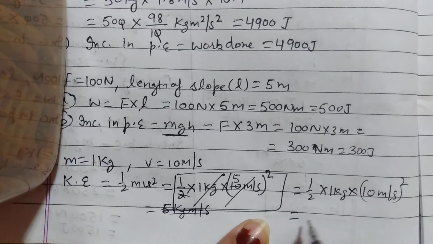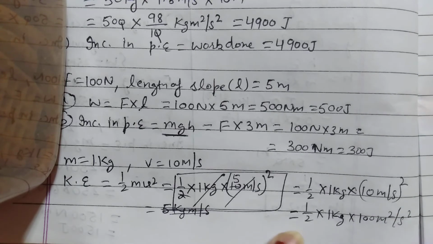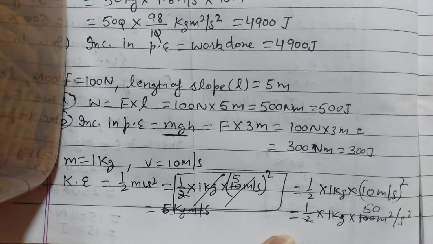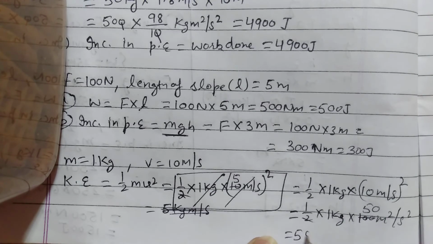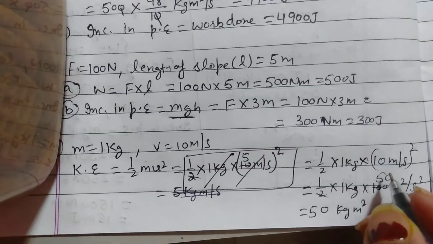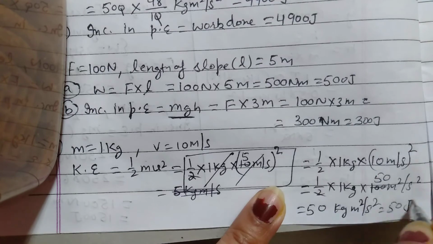So it will be 1 by 2 into 1 kilogram into 100 meter square per second square. So here it will become 50. We are getting 50 kilogram meter square per second square, which we can write as 50 joule.